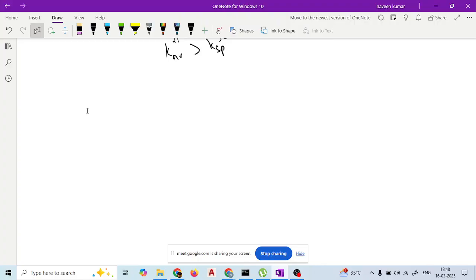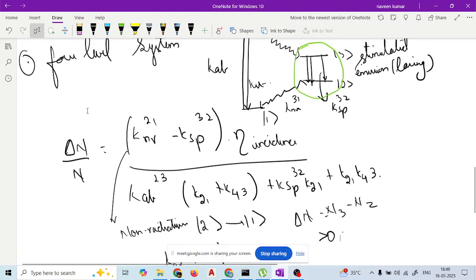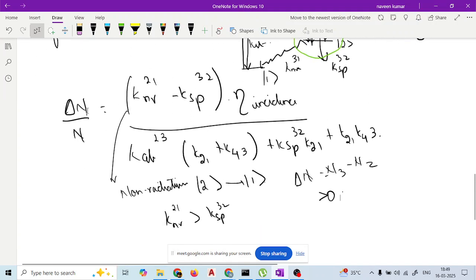This is the rate at which the lower lasing level is being depleted to the ground level of the molecule itself. So that we can write down a clear-cut equation, this is the change in the rate of transition, N divided by N, to achieve the population inversion in a particular level also.